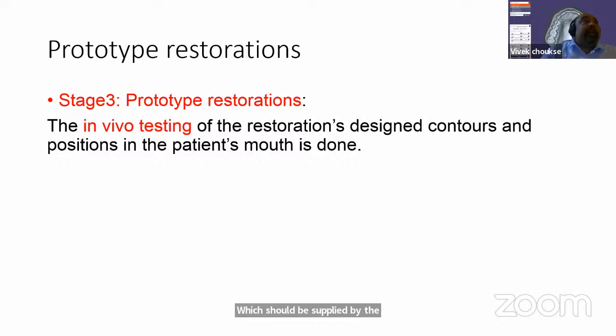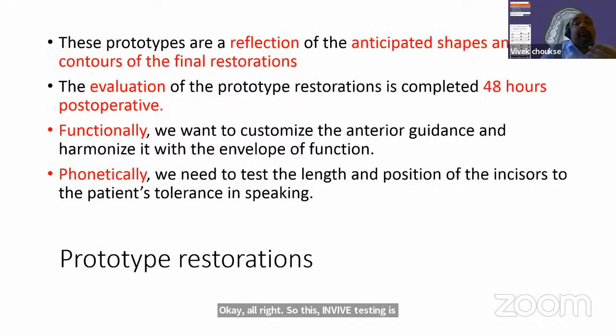And how do we check whether the treatment plan which we have done is correct or not? Through the prototype restorations, or in other words, temporization, or mock-ups. This in vivo testing is done in the patient's mouth, and we check functionally and phonetically, and anticipate how the final contours would be.